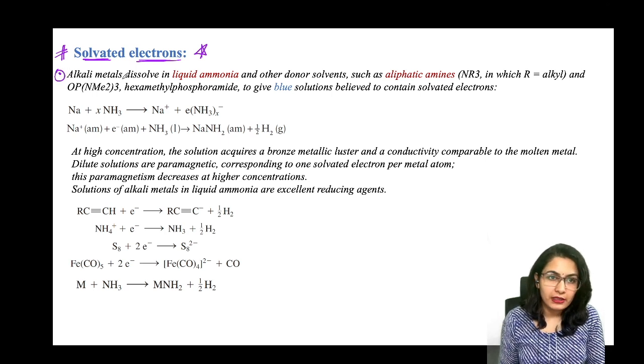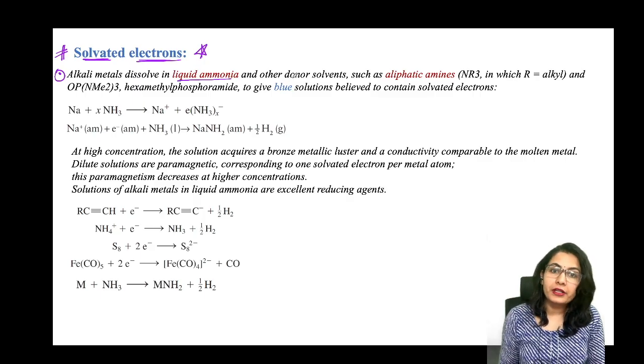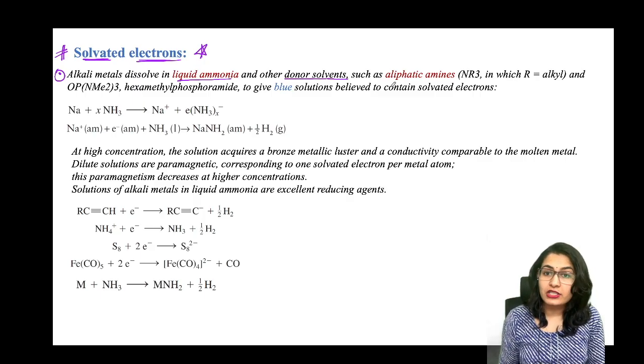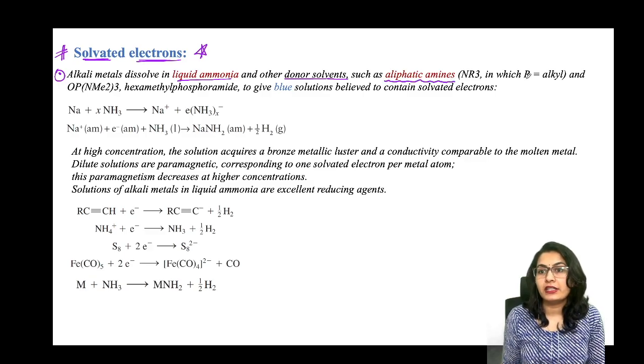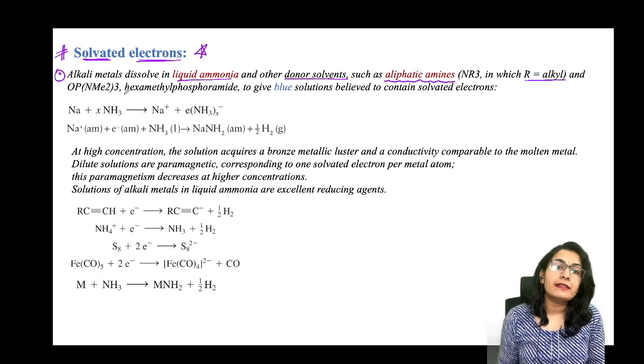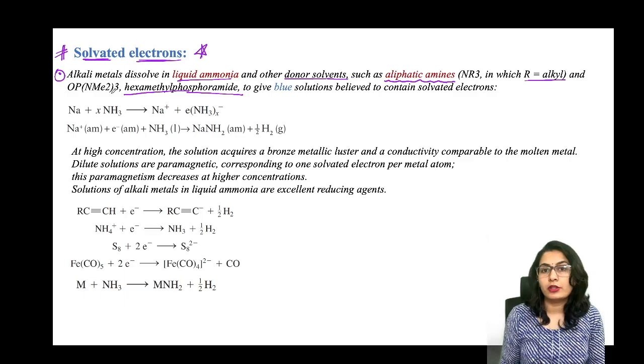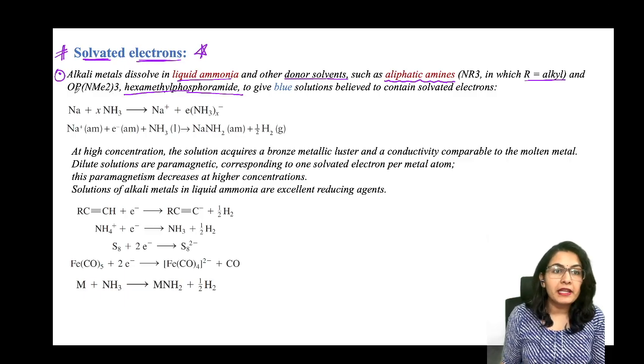The alkali metals dissolve in liquid ammonia and other donor solvents such as aliphatic amine, for example NR3, in which R can be alkyl, and one more, hexamethyl phosphoramide. This is also important because you don't usually talk about this. P double bond O, NMe2 whole thrice.